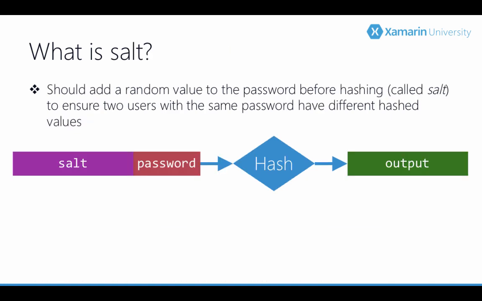Now, when hashing a password, it's best practice to add random data to the password before hashing. And we call this random data the salt. We use a salt to make dictionary attacks and hash table attacks impractical. So using a salt makes attempting to reverse the hash significantly more computationally expensive. And this offers better protection against weak passwords.